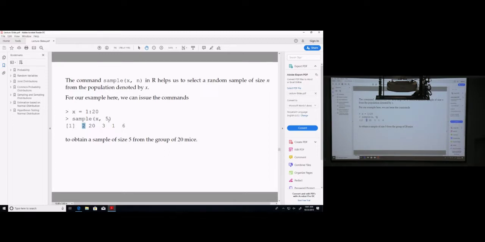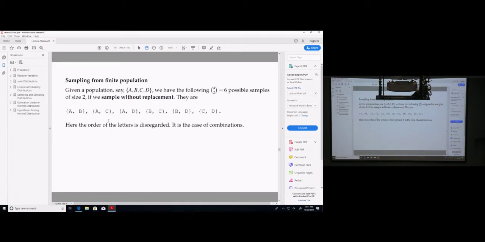So if you want it to be with replacement, meaning that the same mouse might be picked again, of course this is unlikely, unreasonable in this example, then you have to have an option here, comma, replace, you have to spell it out, equal to TRUE, all right? So you allow a certain mouse to be lucky enough to be selected more than once.